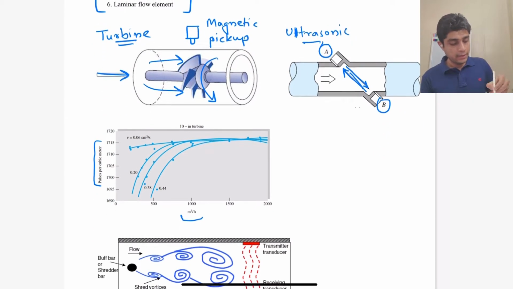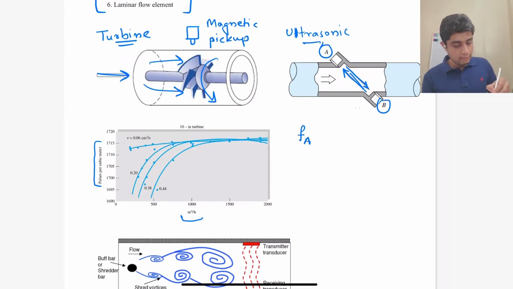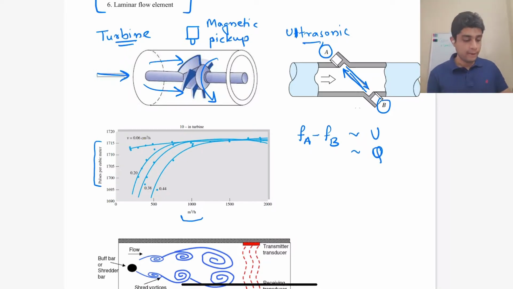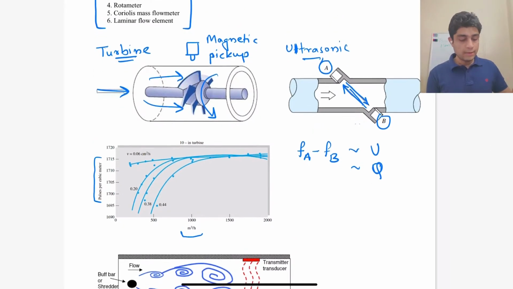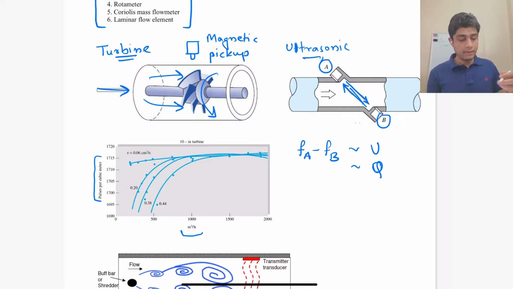So if we measure the frequencies of these signals, their difference can be related to the velocity of the fluid flow, and this velocity gives us the flow rate if we multiply it by the pipe area. So that's the simple principle, and again, this is a non-intrusive method of measurement. We do not obstruct the flow, we just need to install these sensors outside, so the losses are really negligible here.